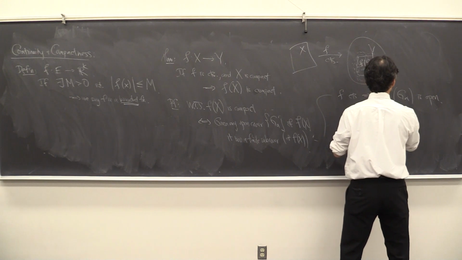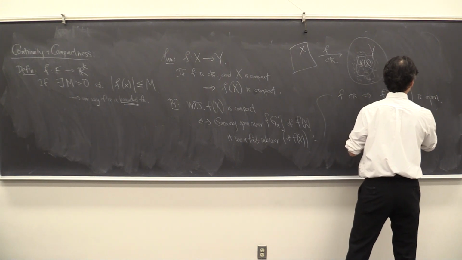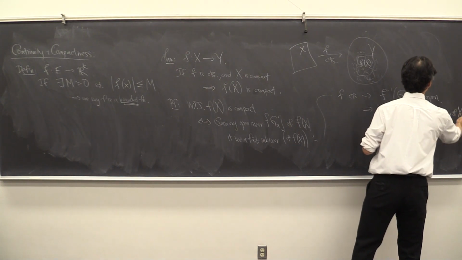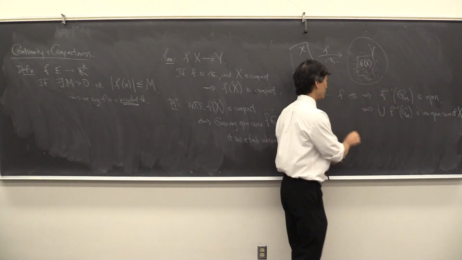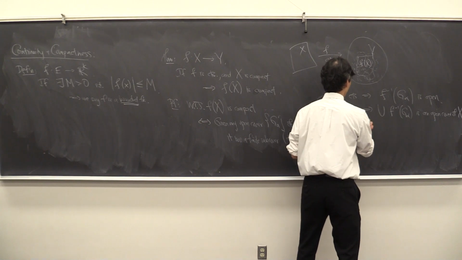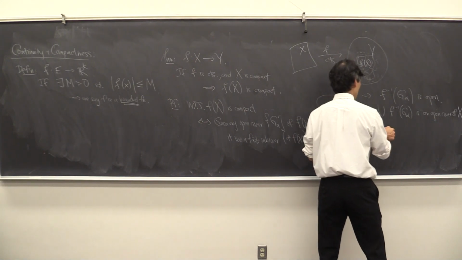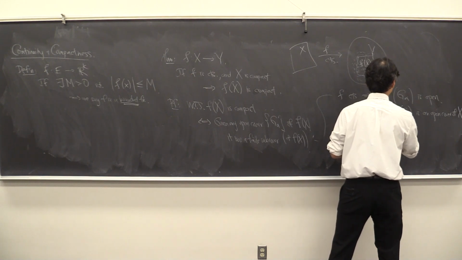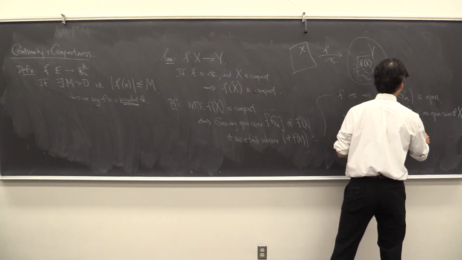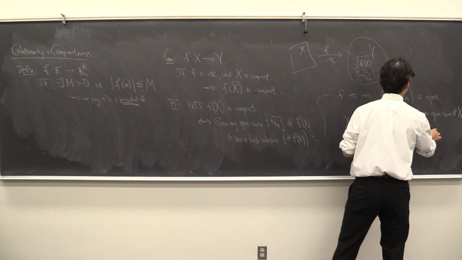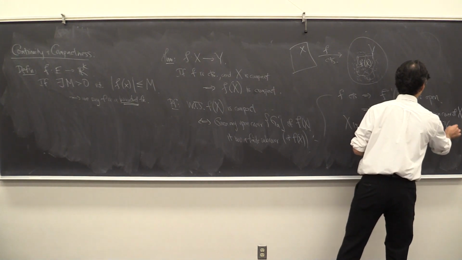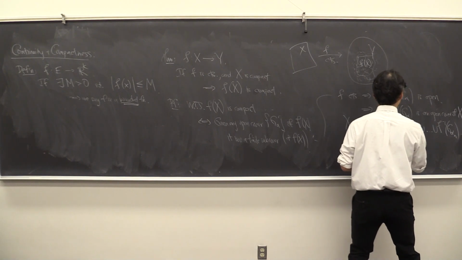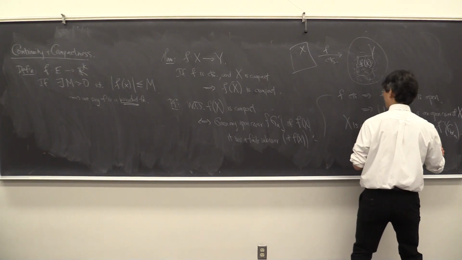The union of these guys is an open cover of X, but X is compact, and so that gives you that there exists some finite subcover, G alpha 1, through G alpha n, say, that covers X.